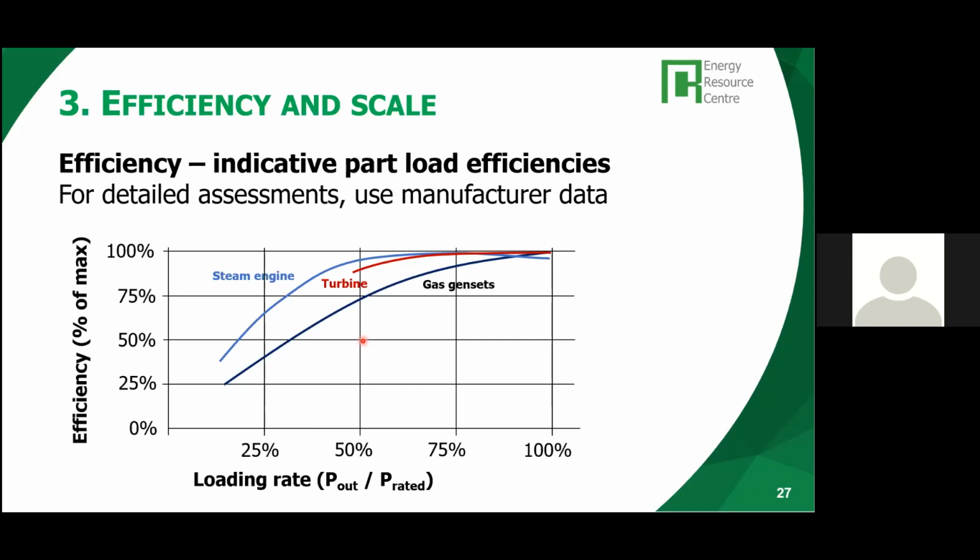There's a strong tendency to choose a generator scale that is, let's say, 3 times more than the maximum electricity demand at the farm. And that means that such systems could be running at roughly 30% of their capacity.